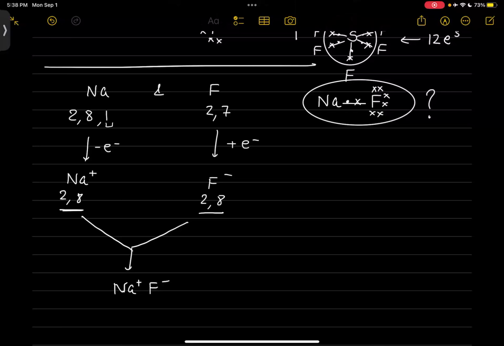So you will remove the outermost electrons, so that you are left with 2, 8, the inner shell. It is very difficult to remove these inner electrons because the ionization energy is going to be very high.